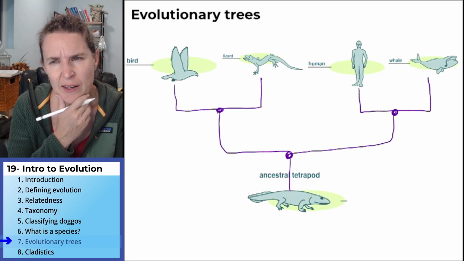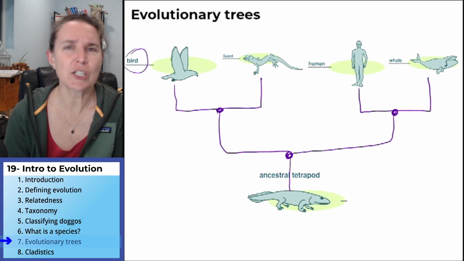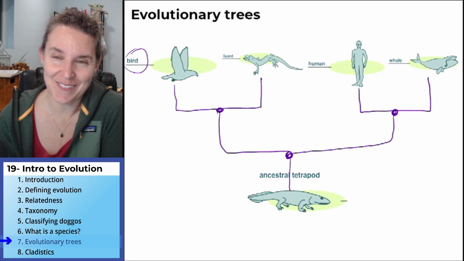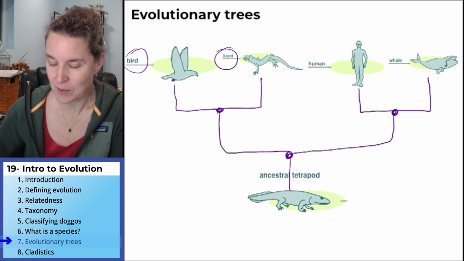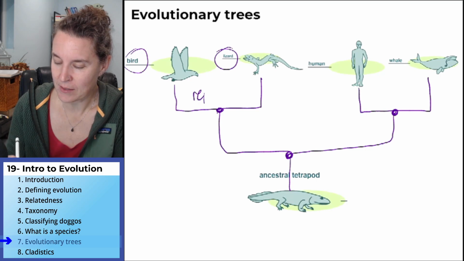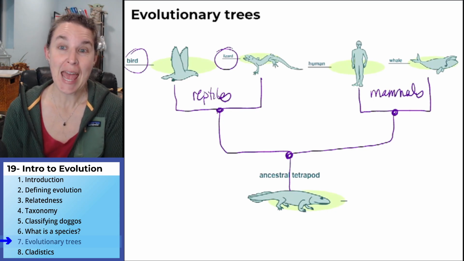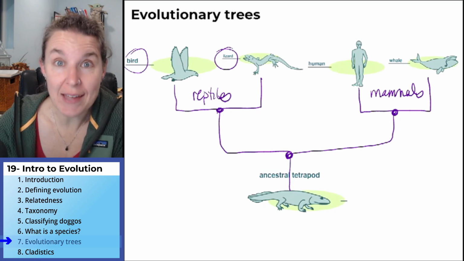Would you have known that? Lizards and birds are called non-avian reptiles. Birds are called avian reptiles. And lizards are called non-avian reptiles because they are all reptiles. And these are all mammals.